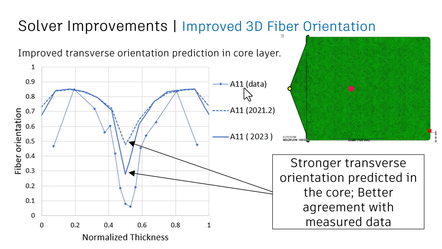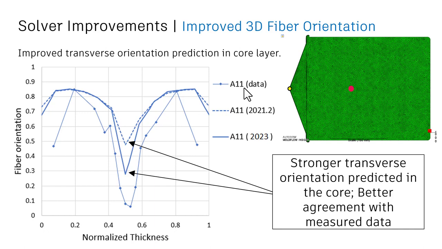The graph on the left hand side shows a comparison between 2021.2 versus 2023, and the advancement we have made is that the core is getting more strongly represented in this release, and that gets much closer to the actual data versus the earlier version.